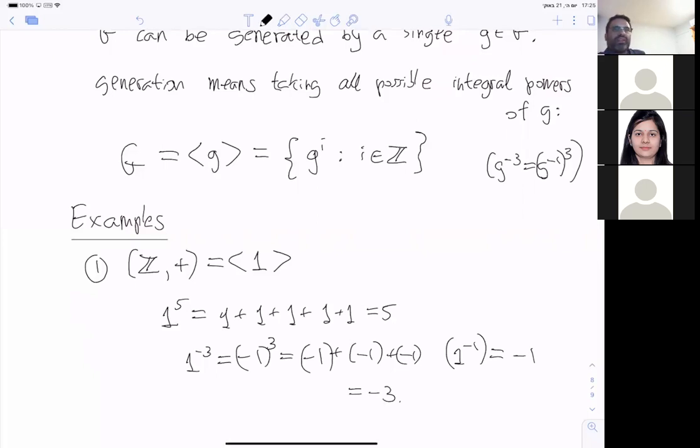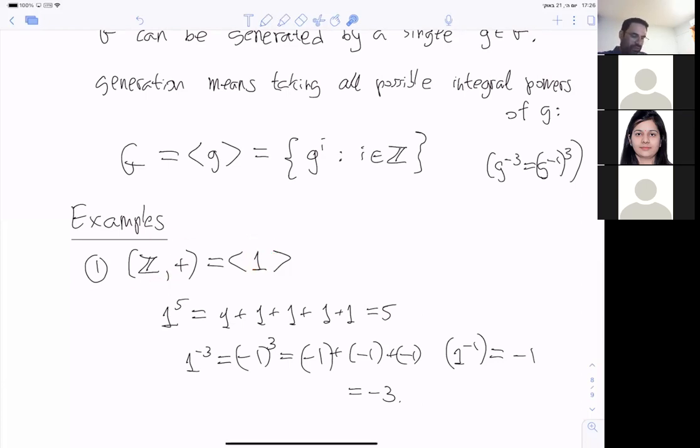So you can represent any integer by some power of 1. I couldn't do that using 2, because if I took the number 2 as a generator, I would get only the even numbers. I couldn't generate the number 3, for example.